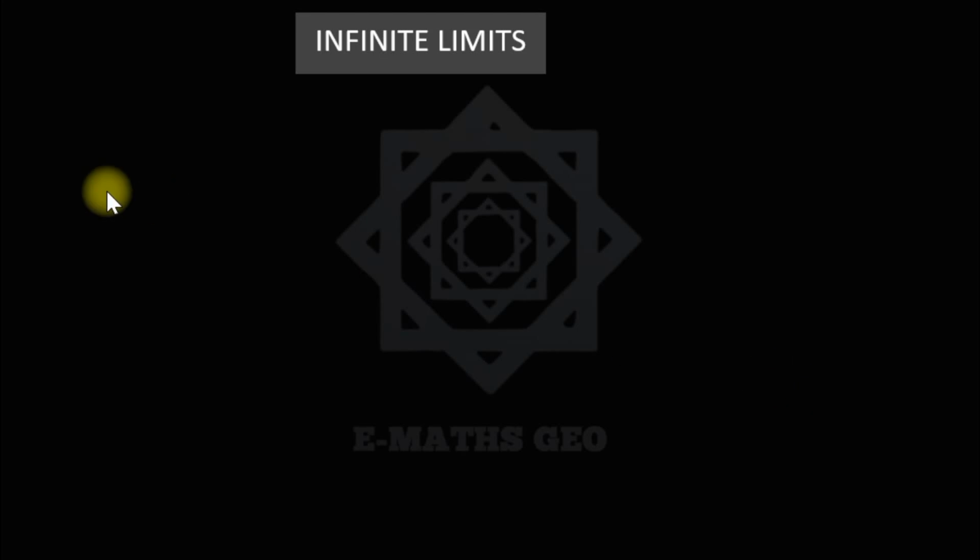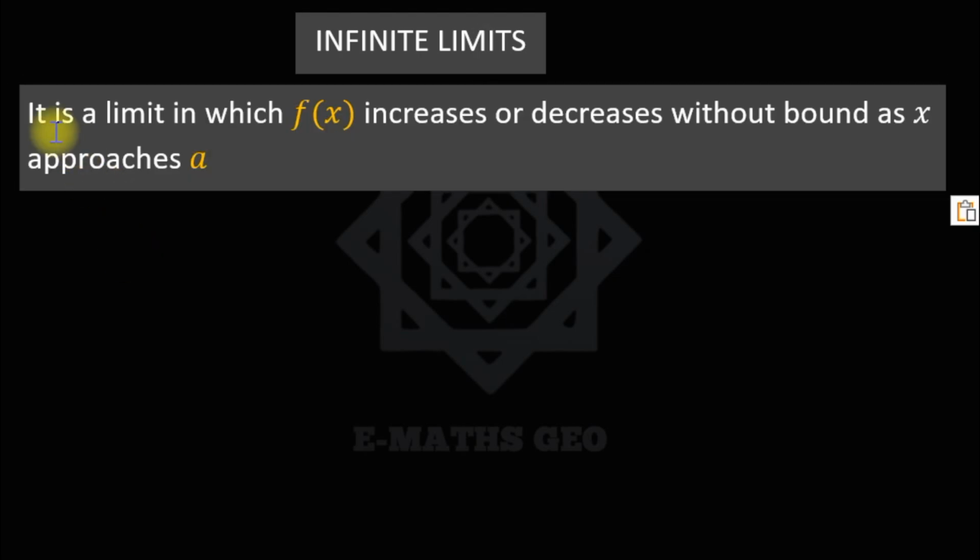Infinite limit is a limit that increases or decreases without bound as x approaches a number. In this case, we use a as the number. It is a limit in which f of x, that's the function, increases or decreases without bound as x approaches a.